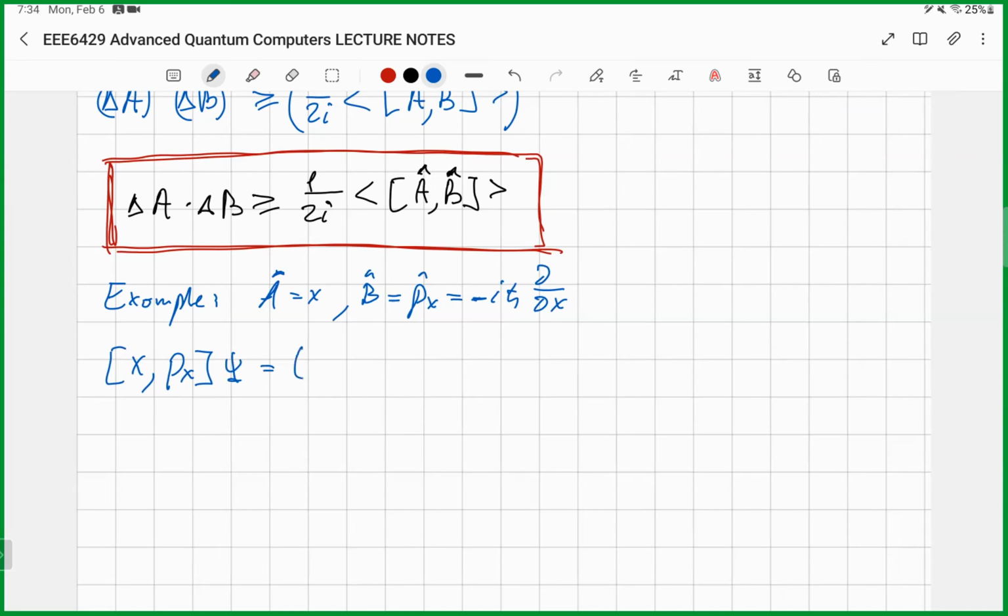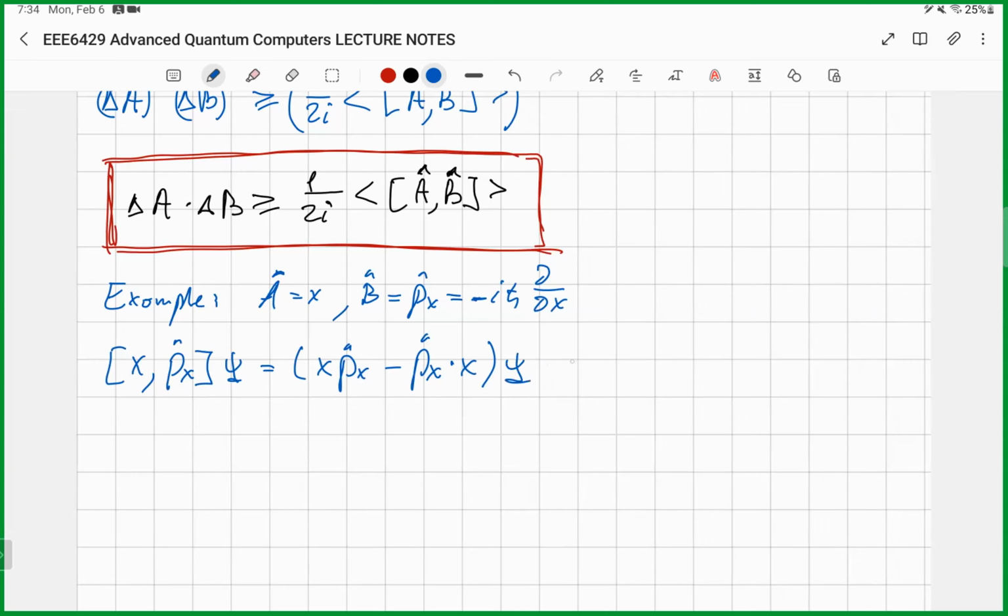So here I have x times the Px operator minus the Px operator times x, and all this operator acts on a function psi.